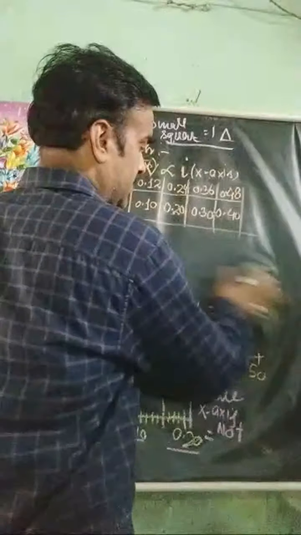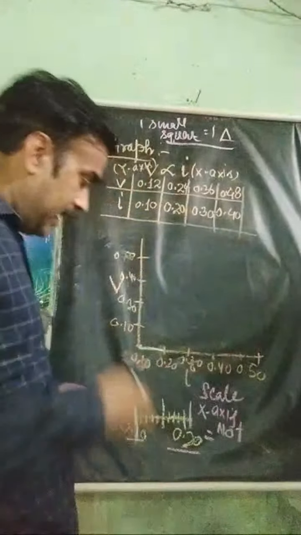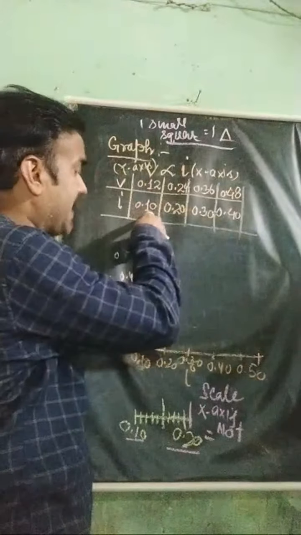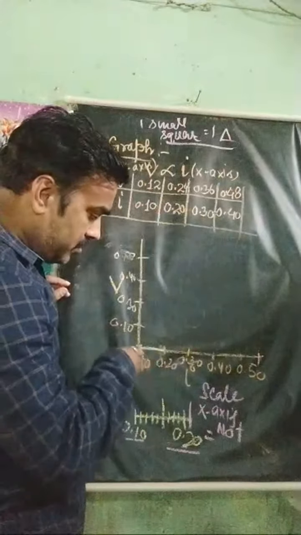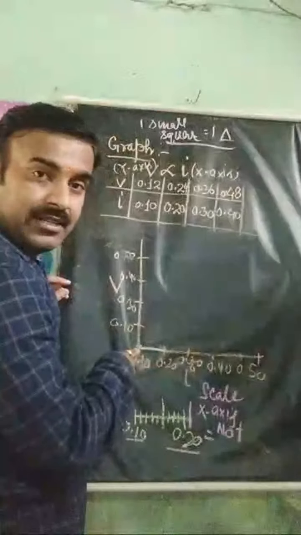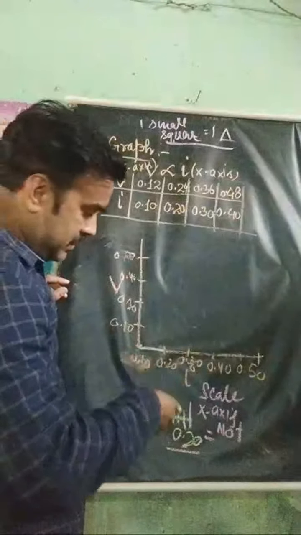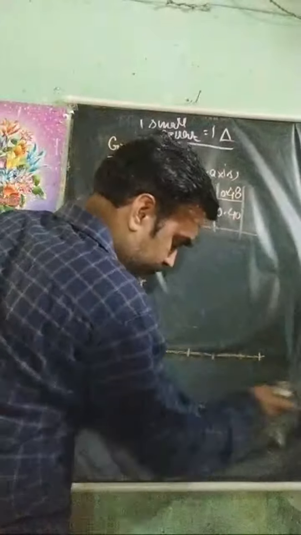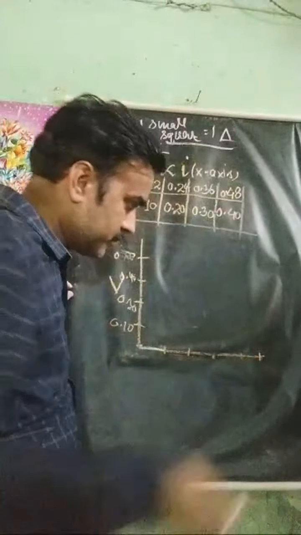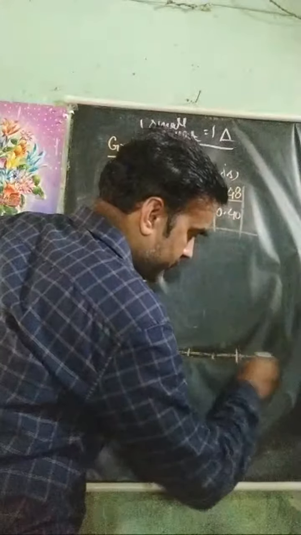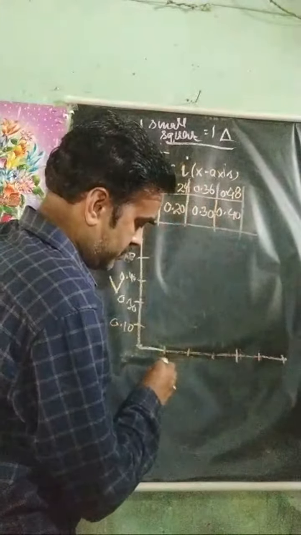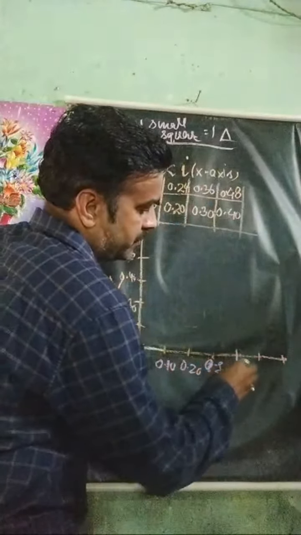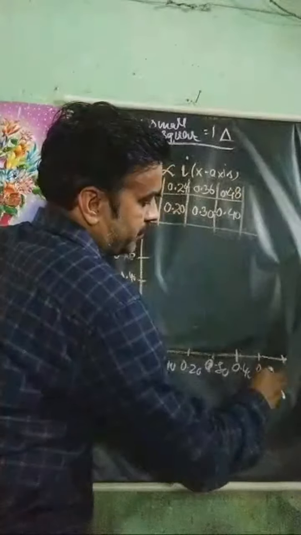Now see from the graph, here it is given 0.1, at 0.10. Then 0.40, 0.50.